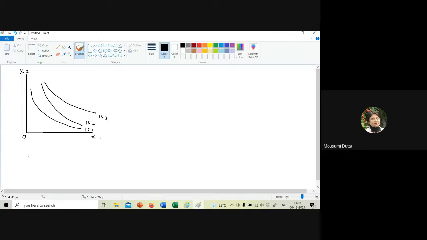So we have to logically establish why two indifference curves cannot intersect each other. So let's try to understand that. Again, a two commodity world.